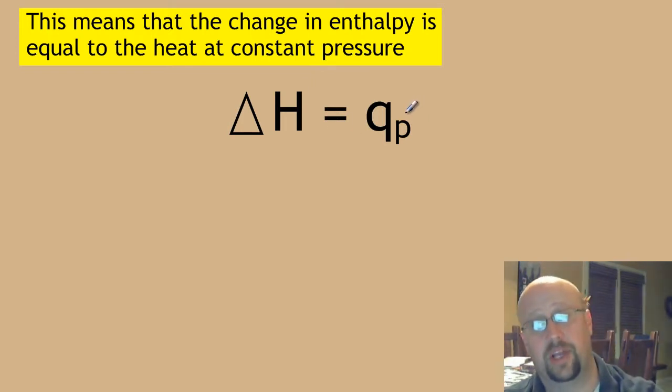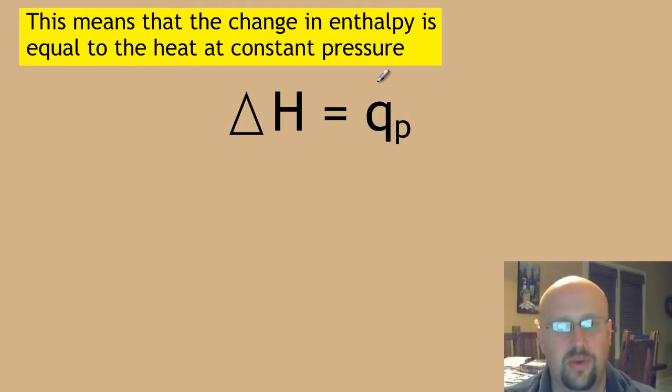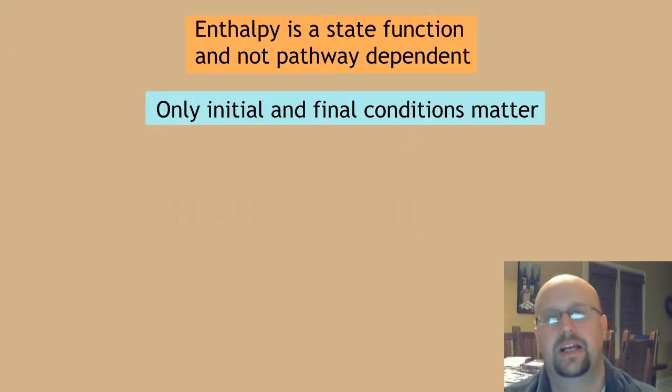Obviously, it's more complicated than that if some of those terms don't cancel out, but for most of our scenarios, we're generally working at constant pressure, right? I mean, atmospheric pressure isn't usually going to change all that drastically in the lab, assuming we're not like vacuum pumping the air out or something. So this is going to work for us for just about any equation that we're going to need, certainly at our level of chemistry. So enthalpy is a state function, not pathway dependent.